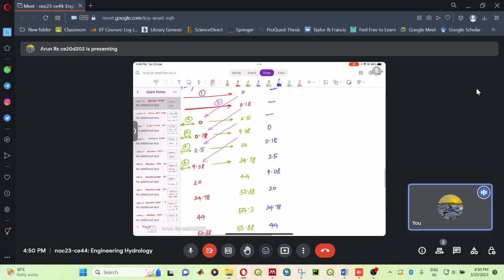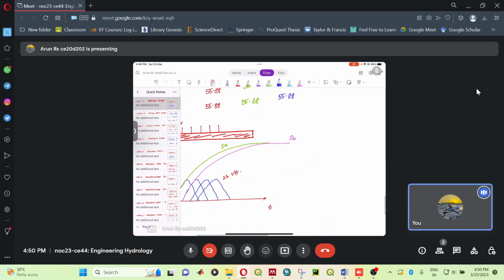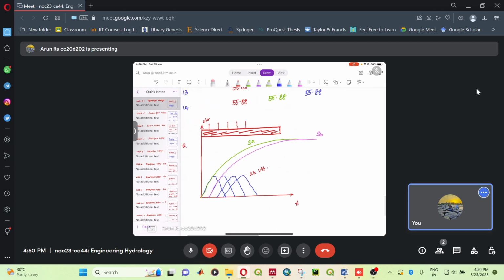So we have lagged it. Now we need to find out the difference between these two S curves. So that will be the offset. That is SA minus SB.